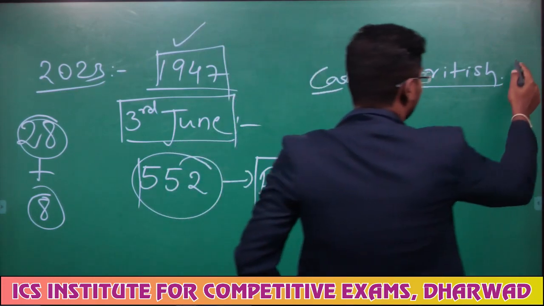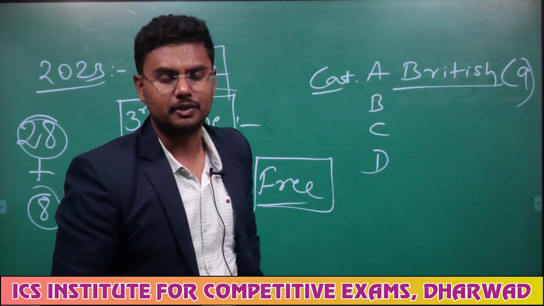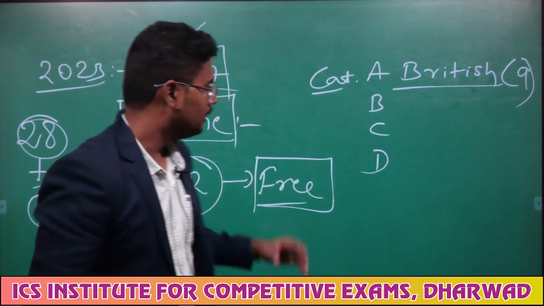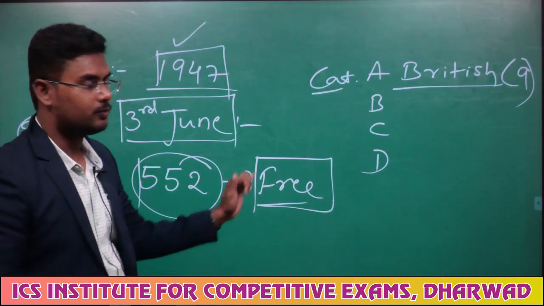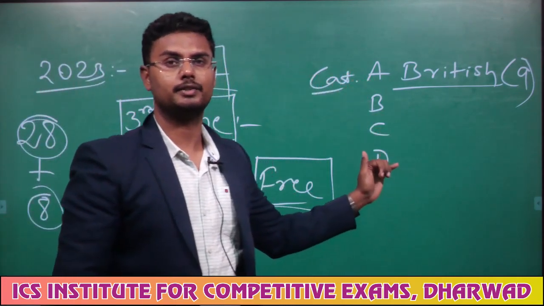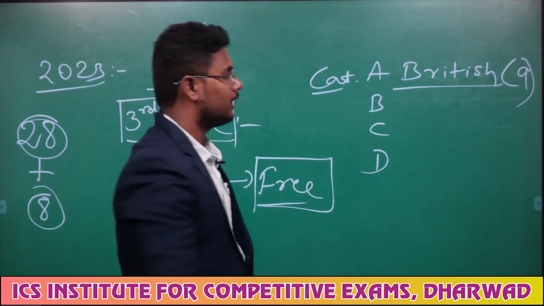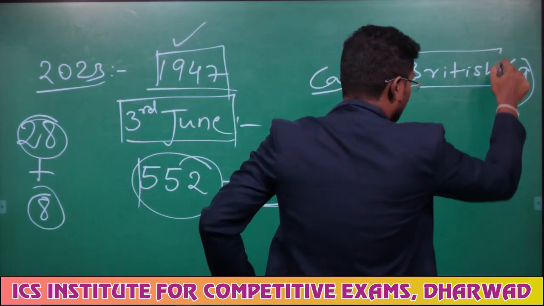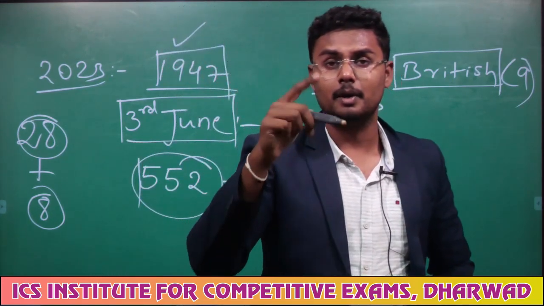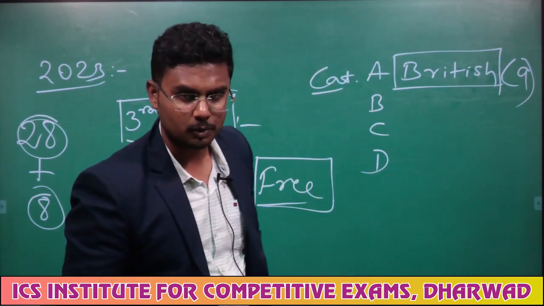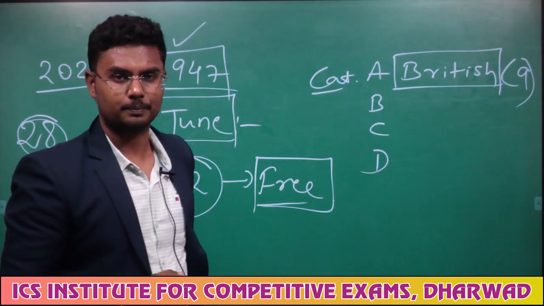There were 9 such regions which were directly under the administration of the British, ruled by the Viceroy of India on behalf of the British Crown.